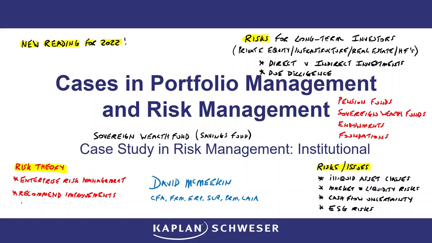Okay, so the big link, I suppose, in this chapter is to alternatives, where you will find private equity, infrastructure, real estate and hedge funds, and also quite a lot of discussion about different forms of investment, in that you could invest directly by buying probably a quite expensive real estate property, or you could invest indirectly via part of a fund, a real estate fund.